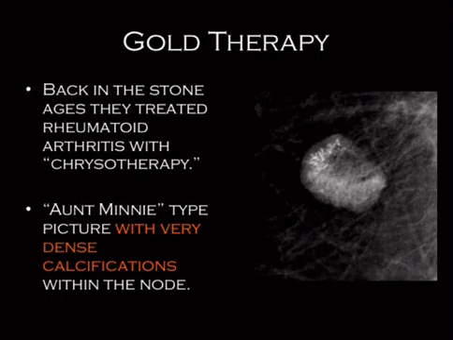Apparently back in the Stone Ages, rheumatoid arthritis was treated with gold therapy. Very dense calcifications, and they almost look like metal within the lymph node in the axilla. If they wanted a next step or something like that, it would be query history of rheumatoid arthritis or rheumatology consultation or something like that.